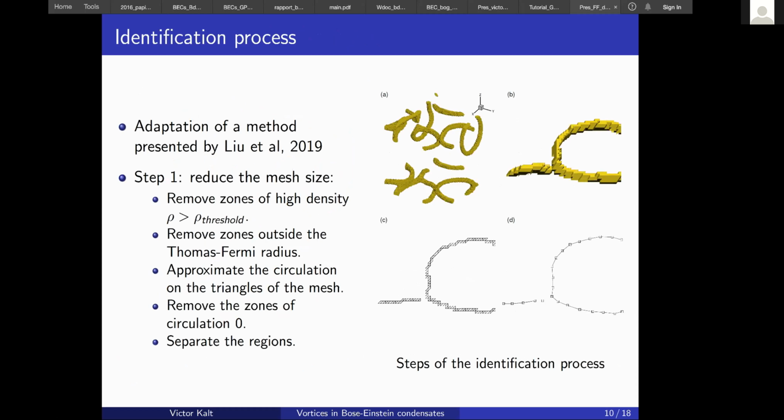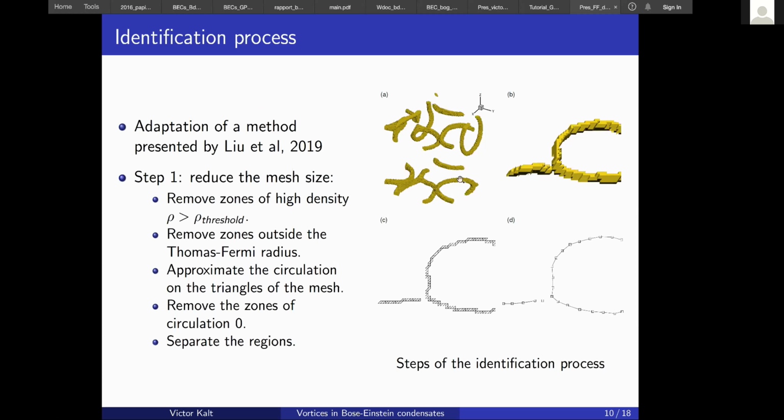Those are the tetrahedrons where the density is high, so we start by truncating them using a density threshold. And those are the tetrahedrons that are outside the Thomas-Fermi radius, so outside the Thomas-Fermi density. So again, they can be removed because there can be no vortices there. Once this is done, we need to verify the circulation property, and we talk about this in the next slide. And we can remove tetrahedrons where we find 0 circulation.